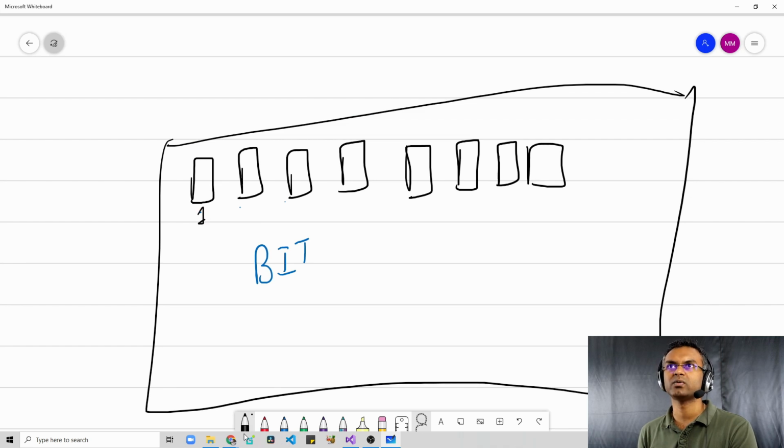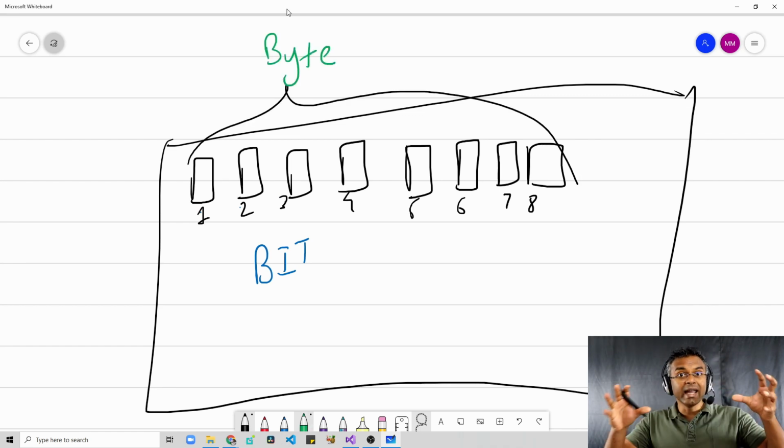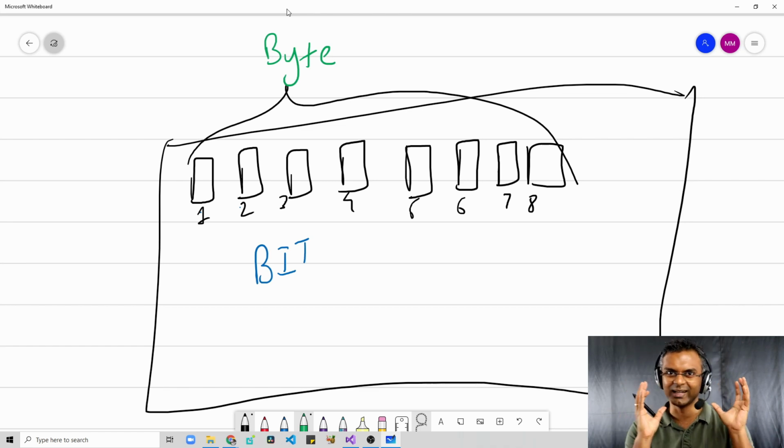Okay, so here you have switch number 1, 2, 3, 4, 5, 6, 7, 8. So 8 bits together is called a byte, B-Y-T-E. Okay, so 8 bits make up 1 byte, and 1 byte is the smallest piece of data that is accessible by humans. We can't directly go and access every bit of data. So that's something that we need to keep in mind.